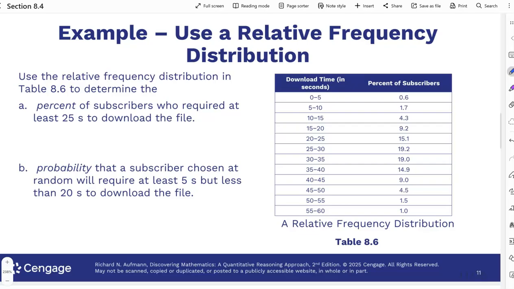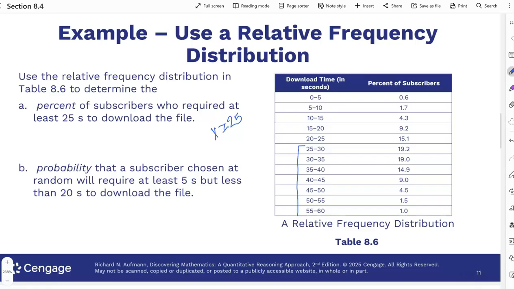So let's use this relative frequency distribution to answer some questions. And this is where you may want to pause the video, try it, and then come back and check out your answers. So in part A, we want the percent of subscribers who are required at least 25 seconds to download a file. At least 25. So if we're looking at least 25, at least means greater than or equal to.